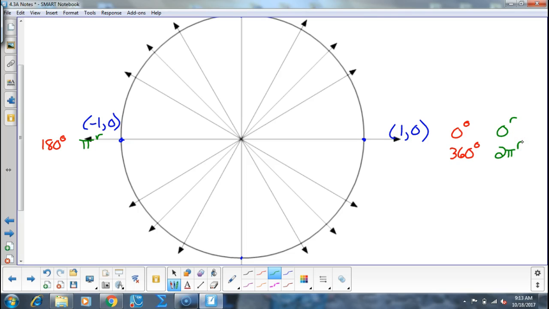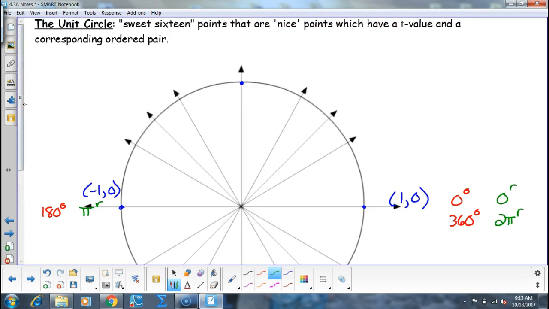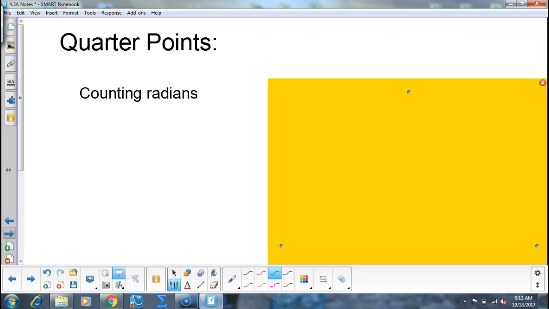Yes? And then we had the point straight up, which was (0, 1), which was 90 degrees or pi over 2 radians. Yes? Okay.